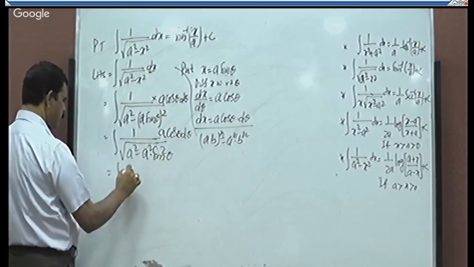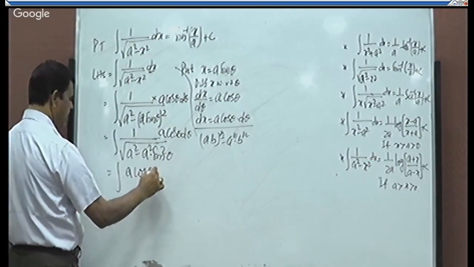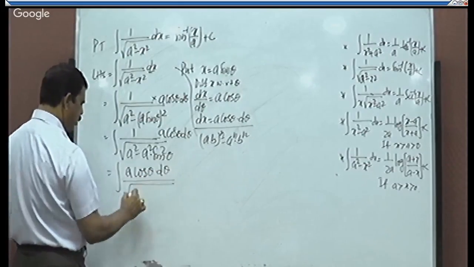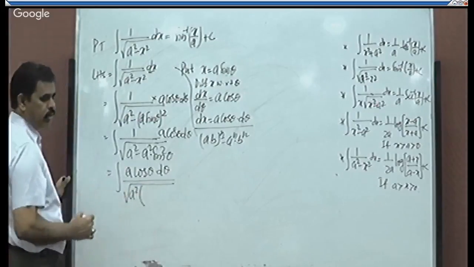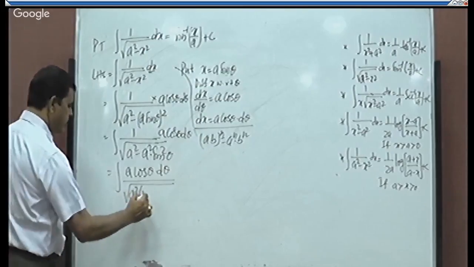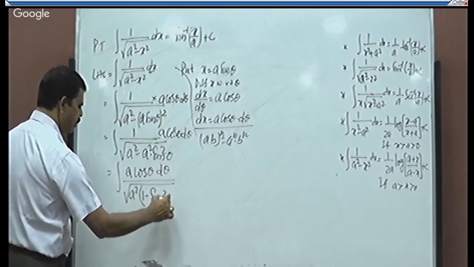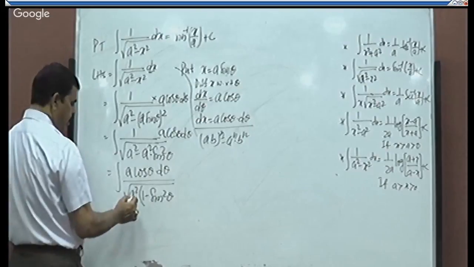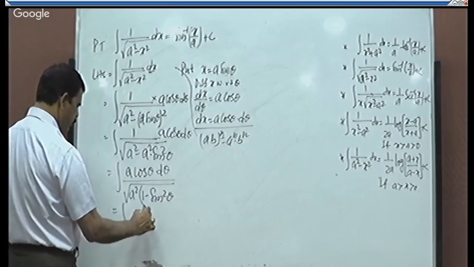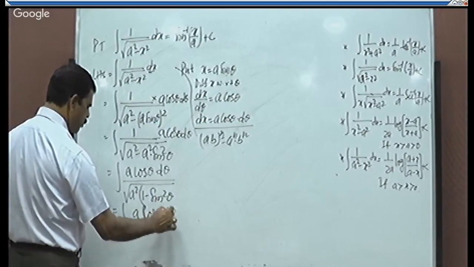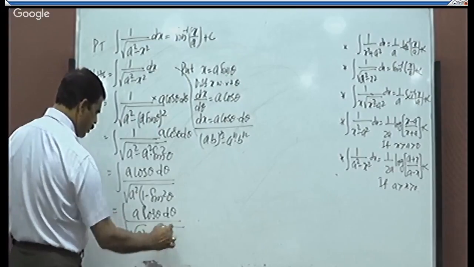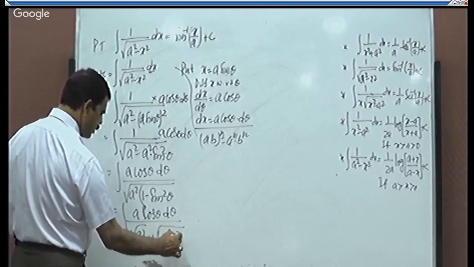Or it is equal to a cos theta into d theta all divided by root of, if I take a square common inside the root, 1 minus sine square theta. Correct? If the root is separated, it becomes root of a square into root of 1 minus sine square theta.